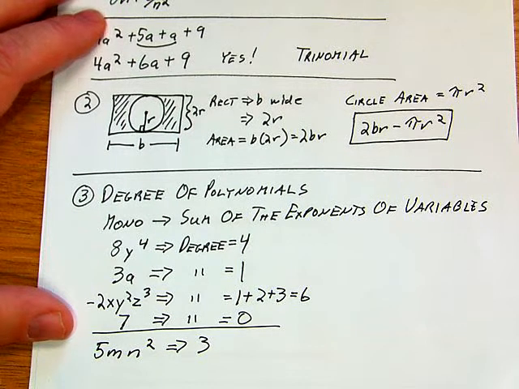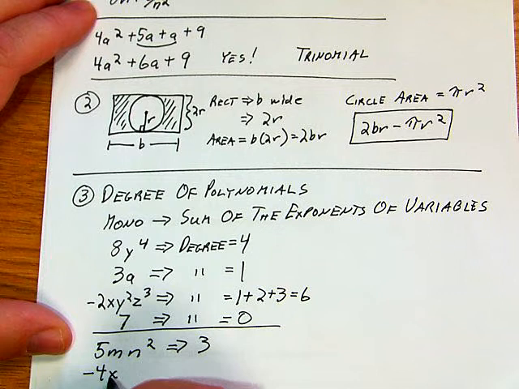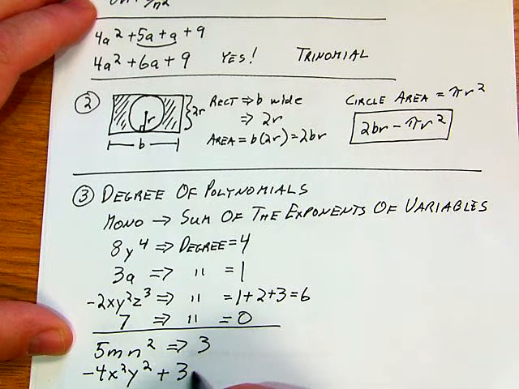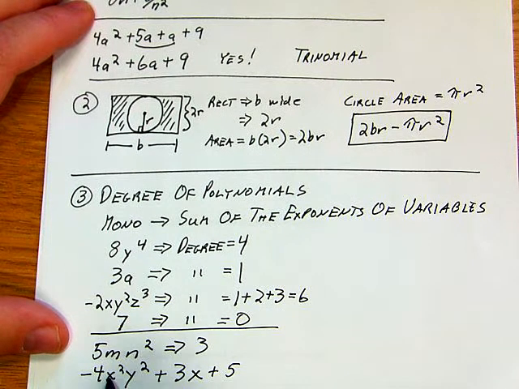Let's take a look at a more complex one. How about minus 4x squared y squared plus 3x plus 5.